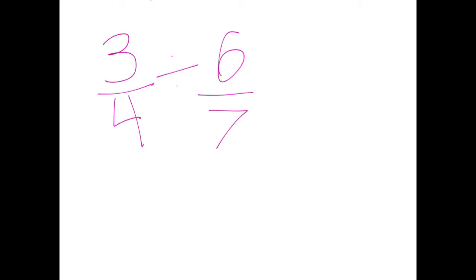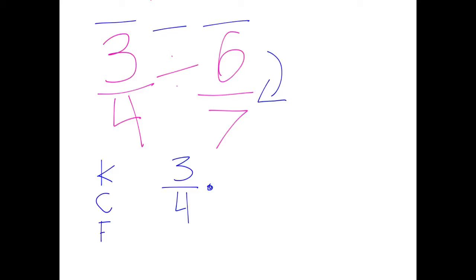To solve 3/4 divided by 6, you have to remember K, C, F. And with this, you keep this number, so you write 3/4, then you change this into a multiplication fact, and then you flip these two numbers, which is going to be 7/6.